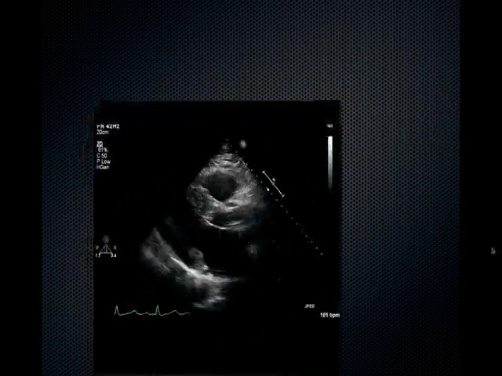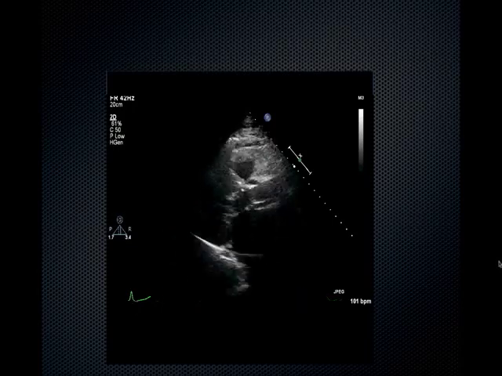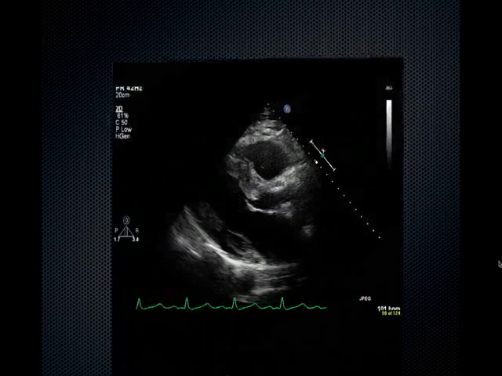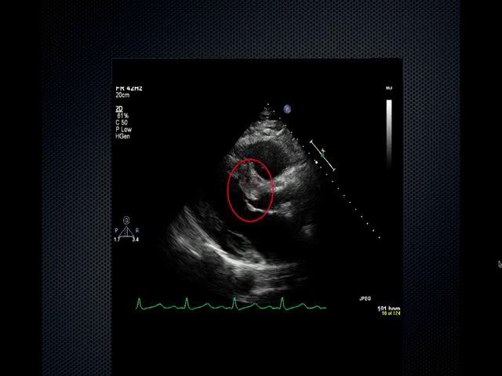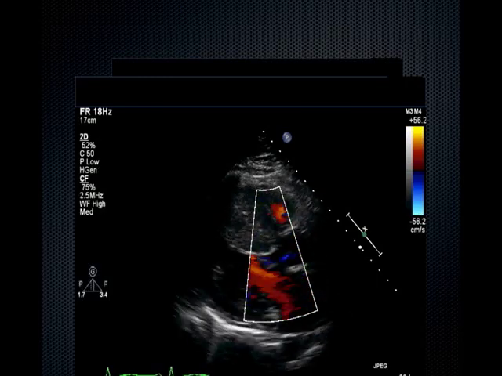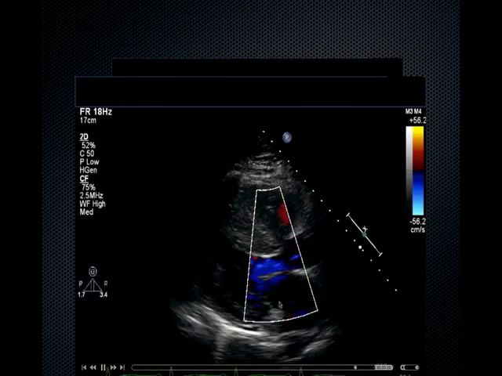From the parasternal long axis view, we see the same thing, a rather thickened proximal septum and an empty chamber. But when we froze during the beginning of systole, we saw that the anterior leaflet of the mitral valve was basically stuck to the septum and obstructing the aortic outflow tract. And putting color across this, we saw the mitral regurgitation, this blue jet right here.